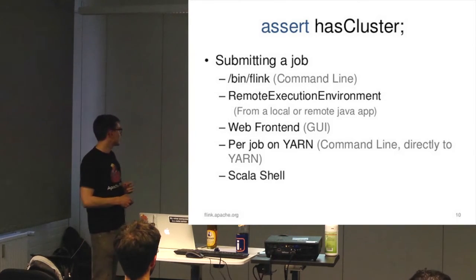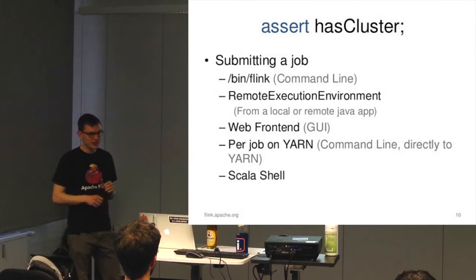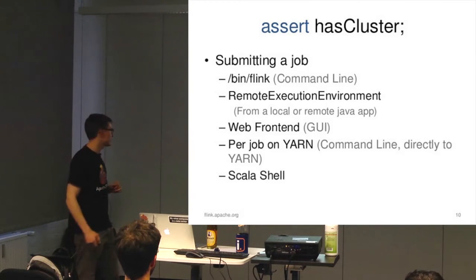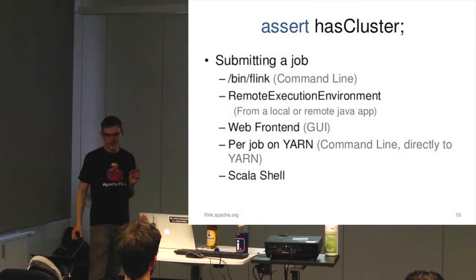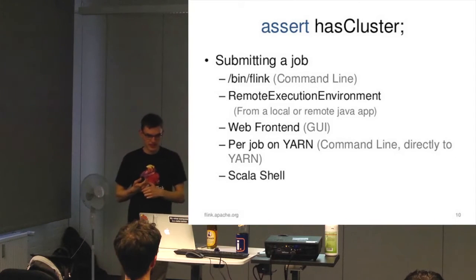For those that don't like command line stuff, they can also use the web front end. So there you can just click, upload a jar file, and submit it to the cluster. This web front end has the added benefit that it also allows you to see how the job is looking, and also what optimizations the Flink optimizer is doing on your job.